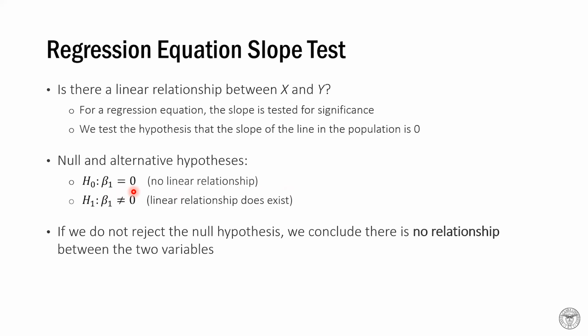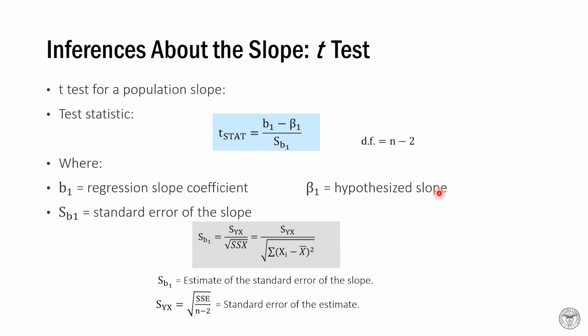If we cannot reject the null hypothesis, then we do not have sufficient evidence to conclude that there's a linear relationship between the two variables. We can use a t-test for the population slope in the obtained linear regression model.